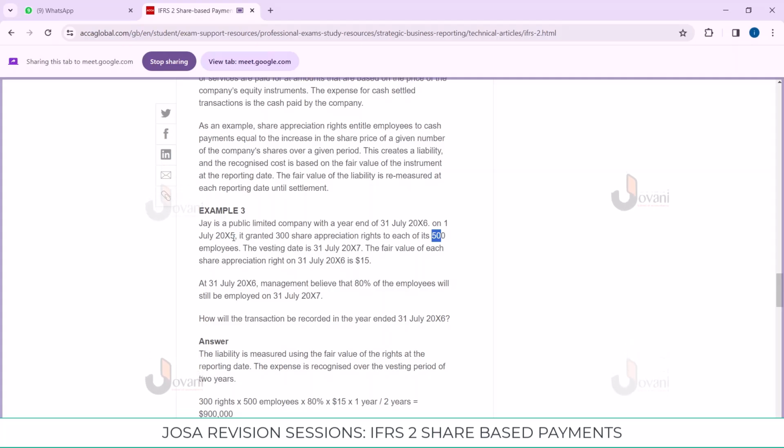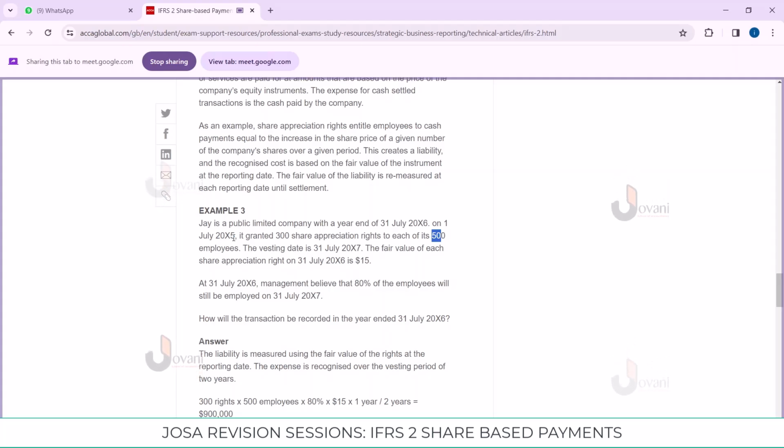We said at each reporting date, make sure that you obtain the fair value of the options. So that is 1 year, and that is the date when they want us to account. At the 31st July 2X6, management believes that 80% of the employees will still be employed on 31st July 2X7, meaning that the 20% have left, and so we should only account for the 80%.